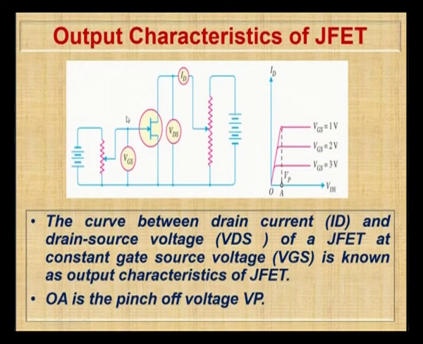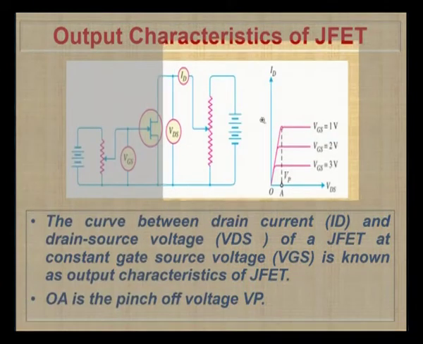Next we move on to the output characteristics of JFET. The output characteristics of JFET is a curve between drain current and the drain to source voltage, keeping VGS constant. This is how it looks.